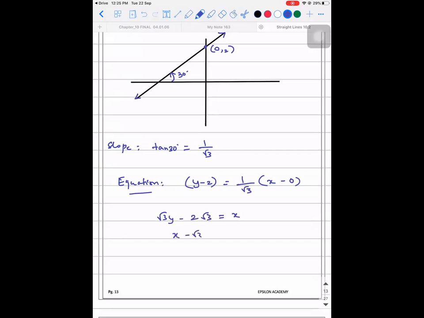So x minus root 3y plus 2 root 3 will be equal to, is it clear? x minus root 3y plus 2 root 3 is equal to 0.